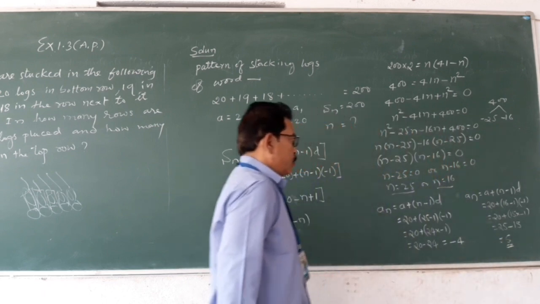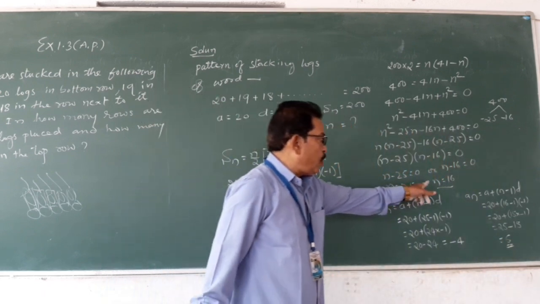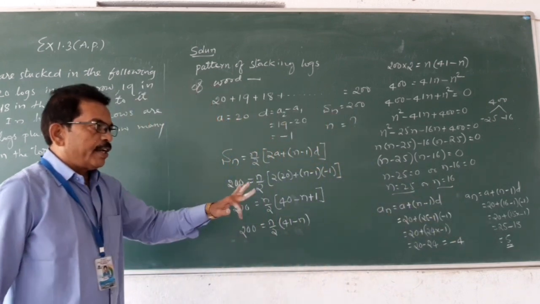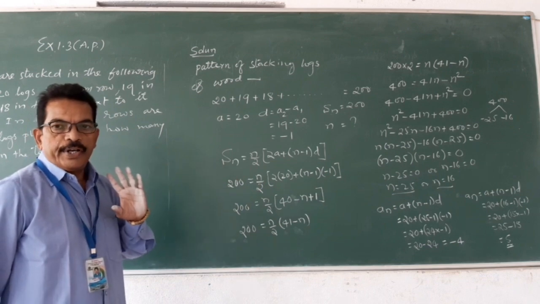That is 5. So, in the 16th row, there are 5 logs of wood.